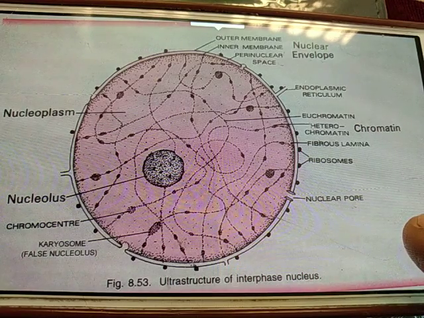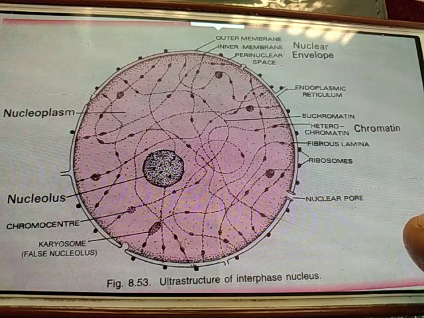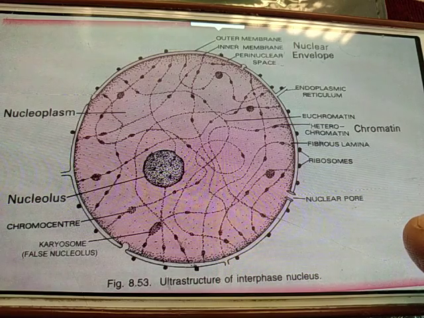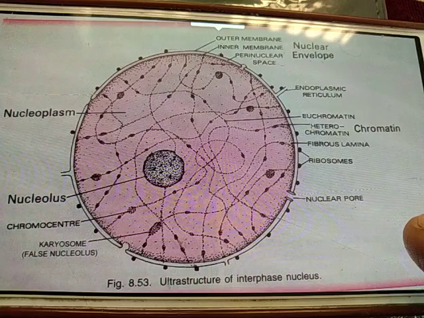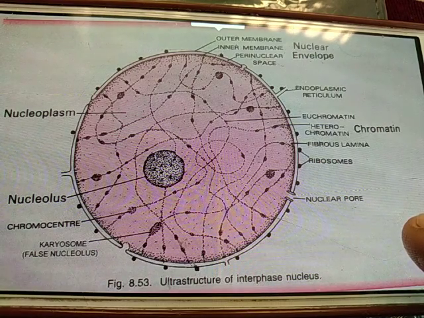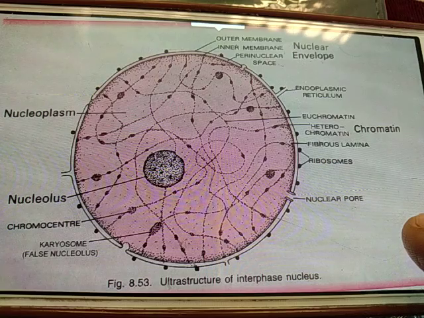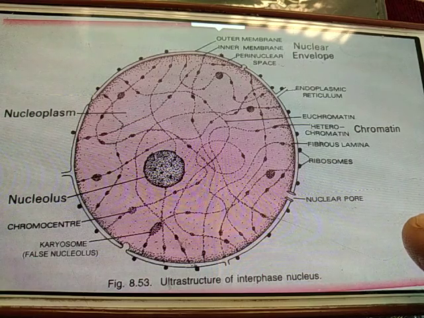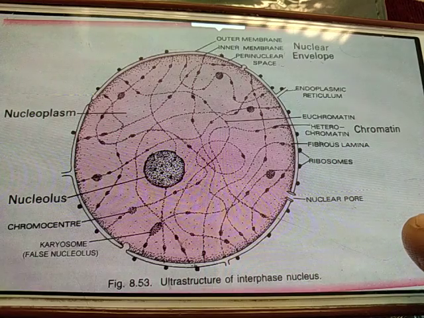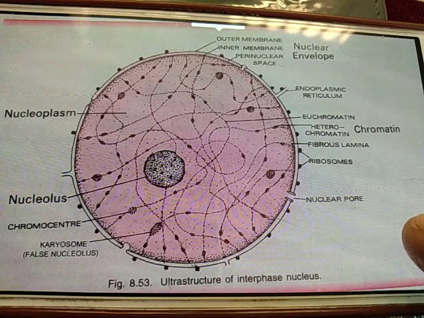Though first observed by Leeuwenhoek in the red blood corpuscles of the fish, nucleus was first studied in orchid root cells by Robert Brown in 1831. A nucleus is present in all living eukaryotic cells with the exception of mature sieve cells of vascular plants and red blood corpuscles of the mammals.